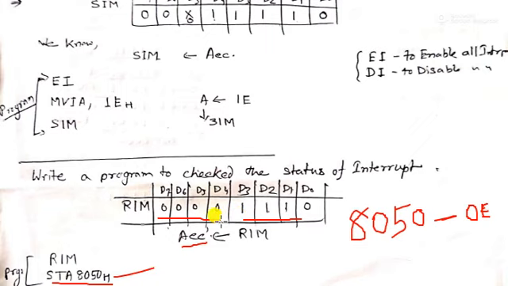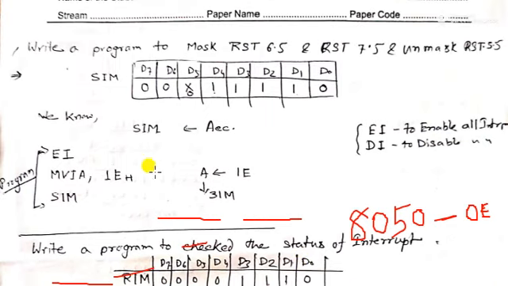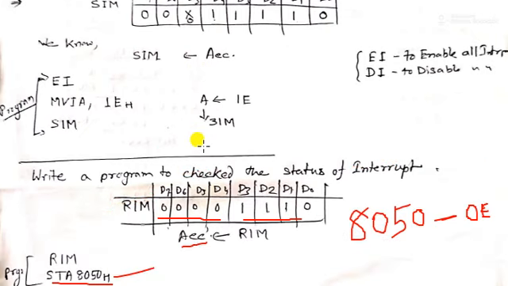RST 5.5 is not pending, 6.5 is not pending, 7.5 is not pending, and serial input data is disabled. Okay, so this is the RIM instruction, and that one the SIM instruction. I think now it is clear, RIM and SIM instruction.